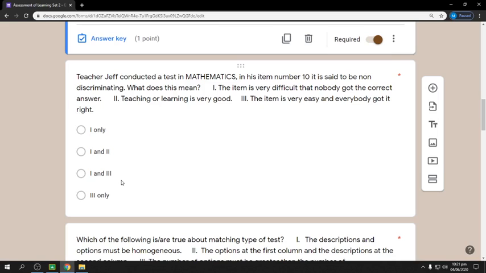Well, actually, this makes sense. This fits our criteria. So based on this question, we cannot discriminate. It's non-discriminating if it's too difficult that nobody got it correct, and if it's too easy that everybody got it correct. So I would choose option C.